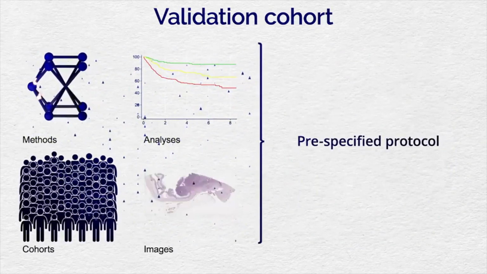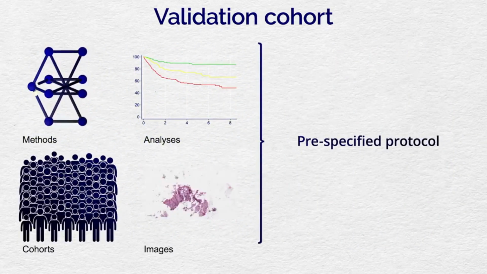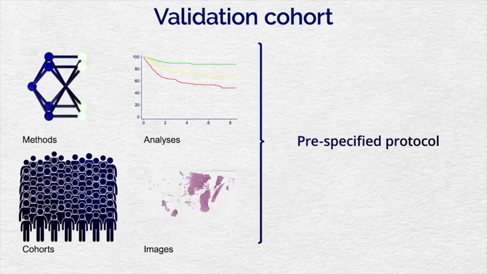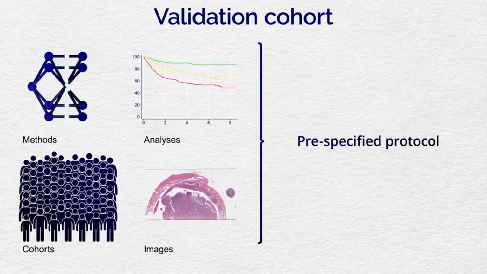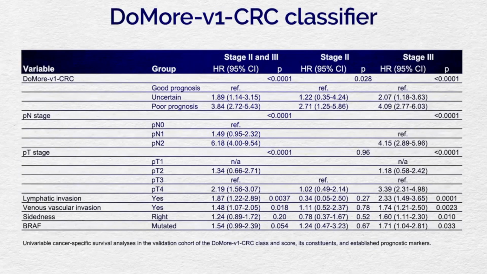The analyses were pre-specified in a protocol prior to all investigations that could reveal associations between the slides and cancer-specific survival. The classifier provided additional information on the risk of cancer-specific death. After adjusting for established prognostic markers, patients in the poor prognosis group of the DoMore V1 CRC marker still had about 3 times higher hazard of cancer-specific death than those in the good prognosis group.